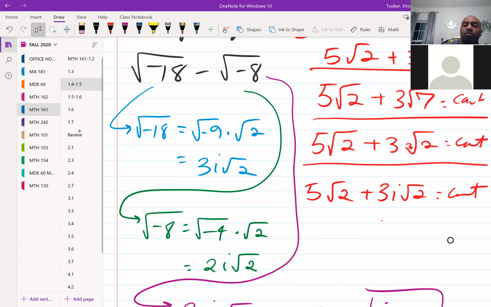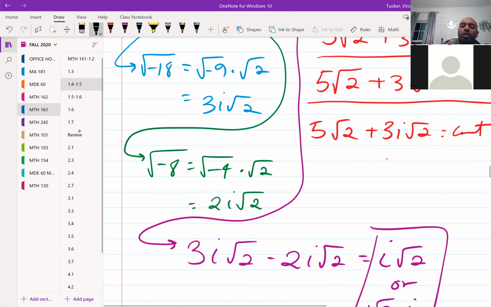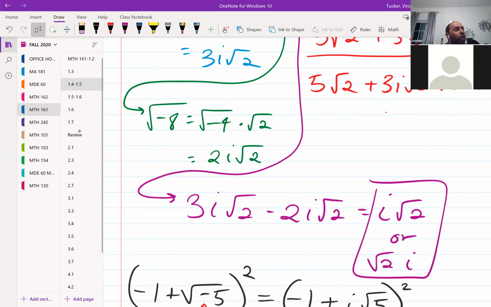All right, so scrolling up. First expression was 3i square root of 2 minus 2i square root of 2. So subtract those, you have 1i square root of 2. And so you can write that either way, either i square root of 2 or square root of 2 i.